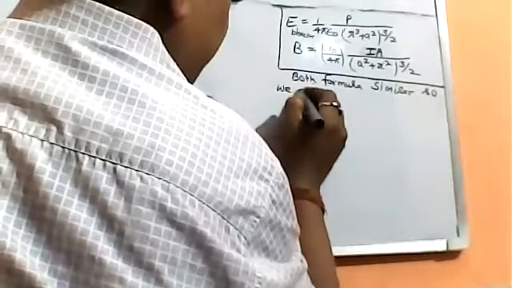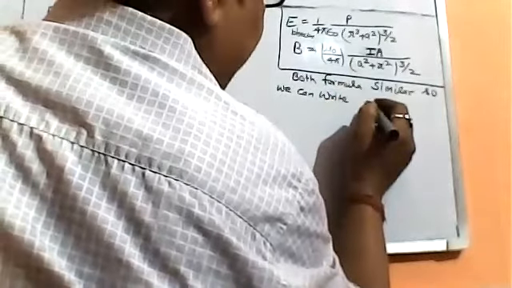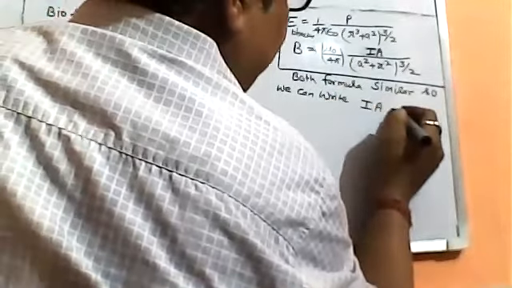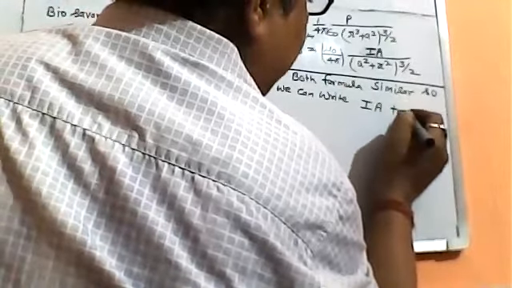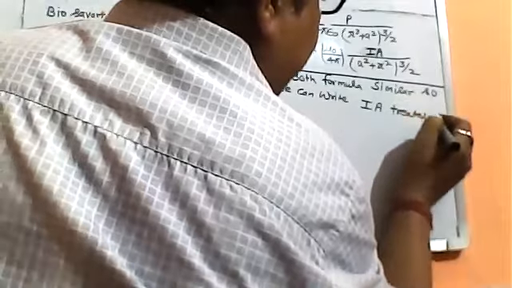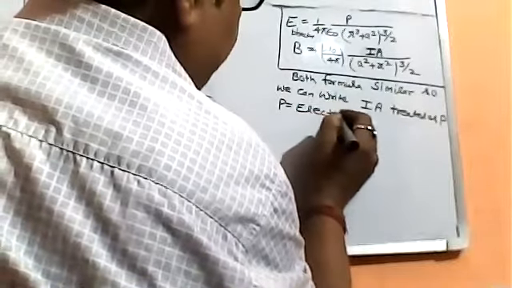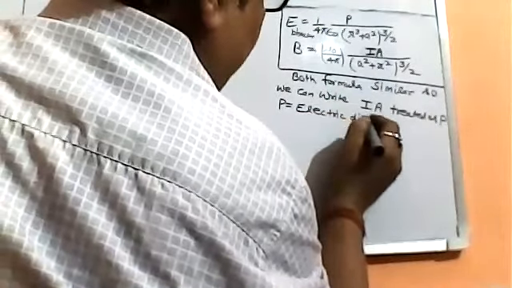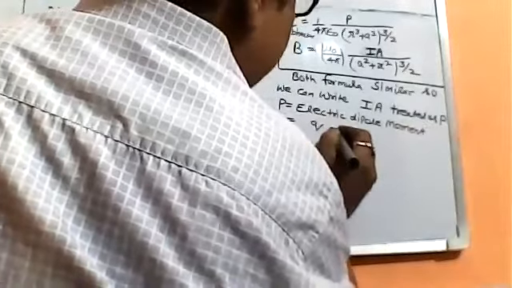P is the electric dipole moment, and the formula was P equal to Q into 2A.